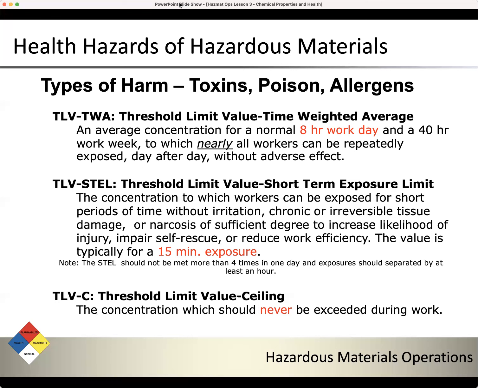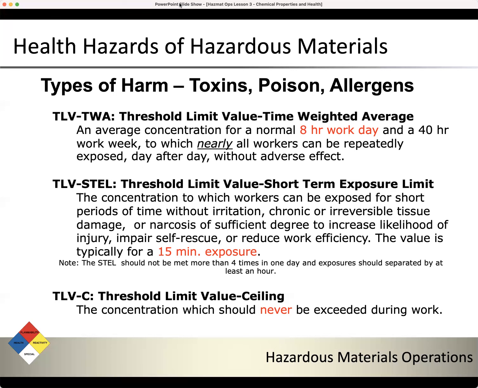Okay, so I don't know what the short-term exposure limit for carbon monoxide is. Let's say it's 200. Government says you can be exposed to carbon monoxide at a concentration of 200 parts per million for up to 15 minutes, but not more than 4 times a day, and separated by at least an hour.